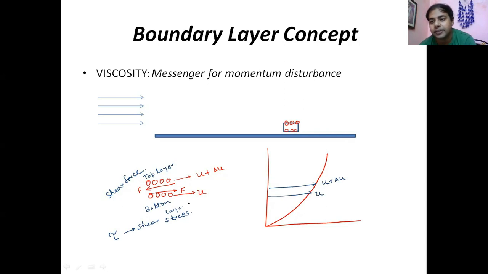As the top layer has more velocity, it tries to drag the bottom layer. And similarly, the bottom layer, having less velocity, gives the reaction force according to Newton's third law in the opposite direction. And this force per unit area gives you the shear stress. That is the concept here.